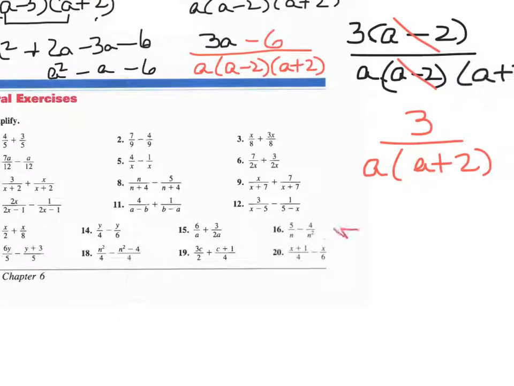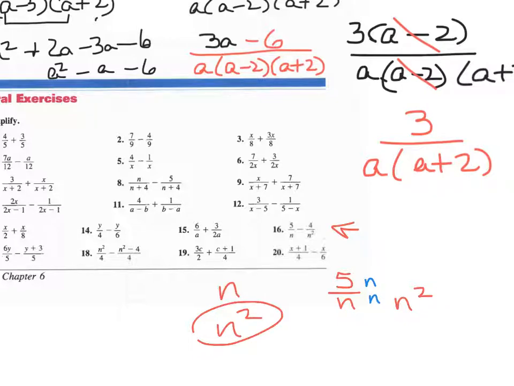Let's just try 16 here. I know it's kind of simple though. So my common denominator between n and n squared is going to be n squared. It's always the larger exponent. So for the 5 over n, to make it become an n squared, notice you're going to multiply the numerator and the denominator by n.